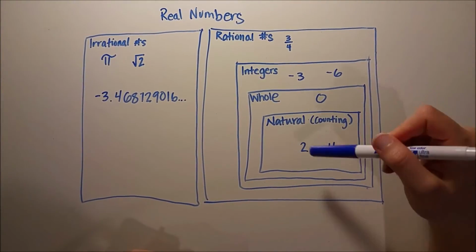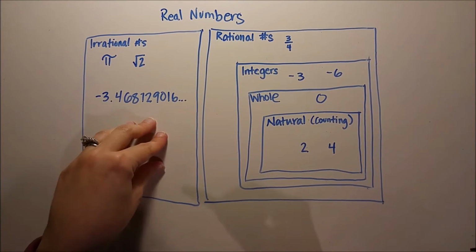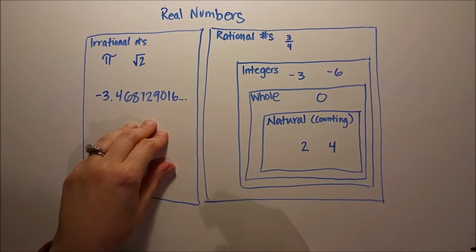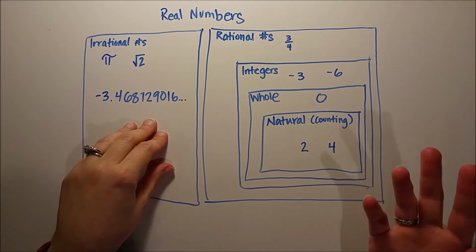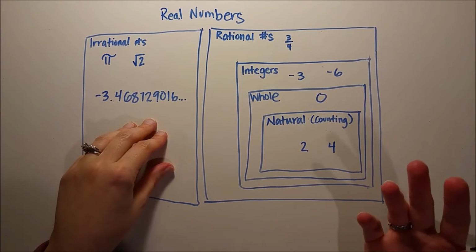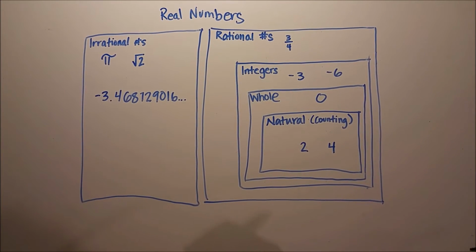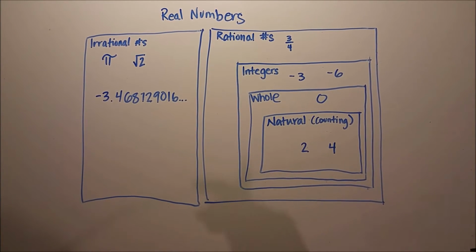They can all be written as a fraction, so they're all rational numbers. Irrational numbers cannot be written as a fraction because they will have that non-terminating decimal, it'll go on forever, that doesn't repeat.